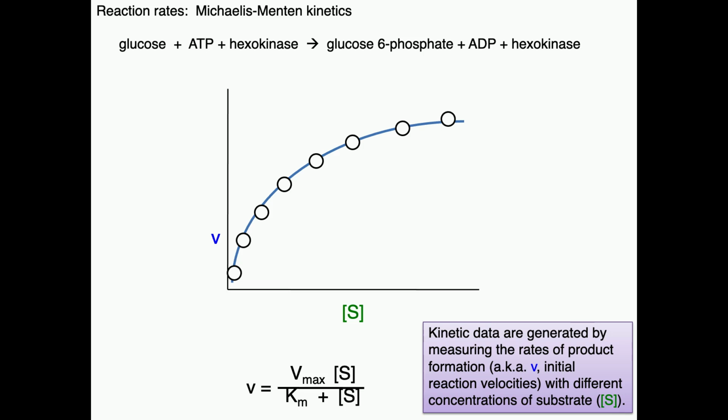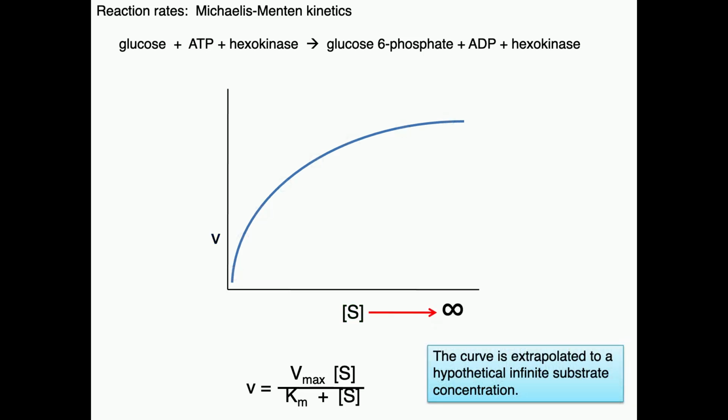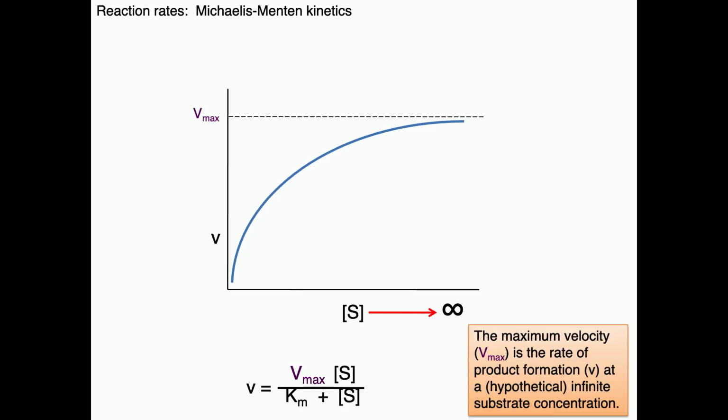Okay, and we can't have a substrate concentration that is infinite, and we probably wouldn't want to. But if we did, we can do this mathematically. The velocity at infinite substrate concentration is going to be represented by the asymptote that the hyperbola approaches as the substrate concentration approaches infinity.